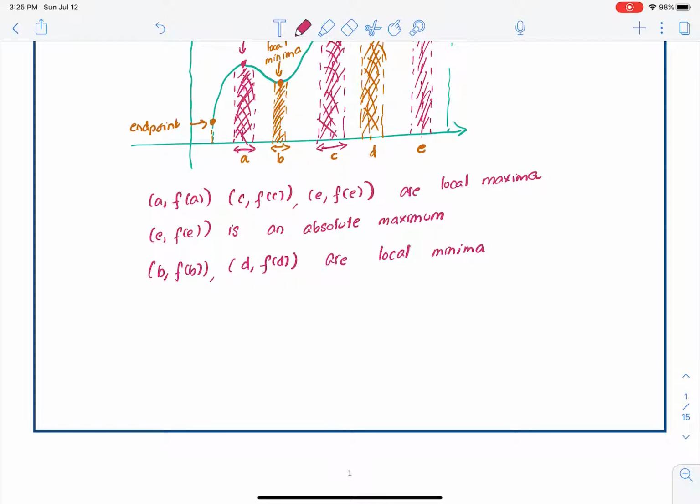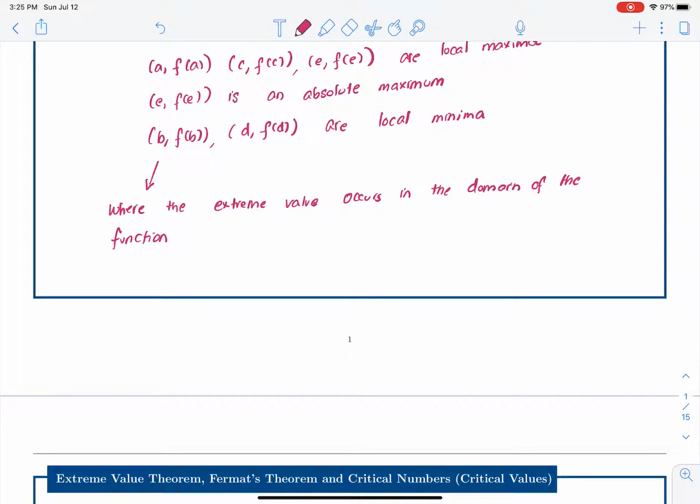And the coordinate B is where the extreme value occurs in the domain of the function, and f of b is the value of the function, or the extreme value.